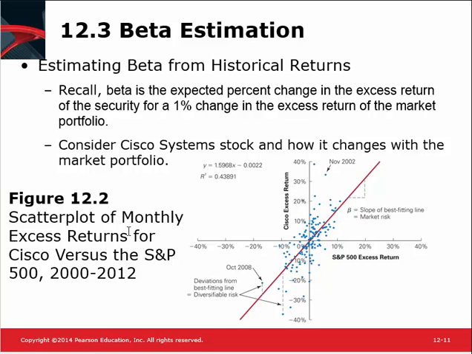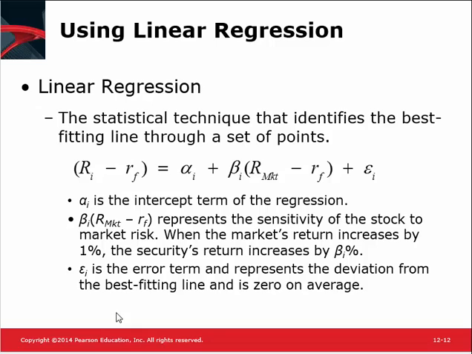The linear regression or the statistical analysis calculates or creates this line, if you will, and that's referred to as the line of best fit that describes how Cisco relates to the stock market.